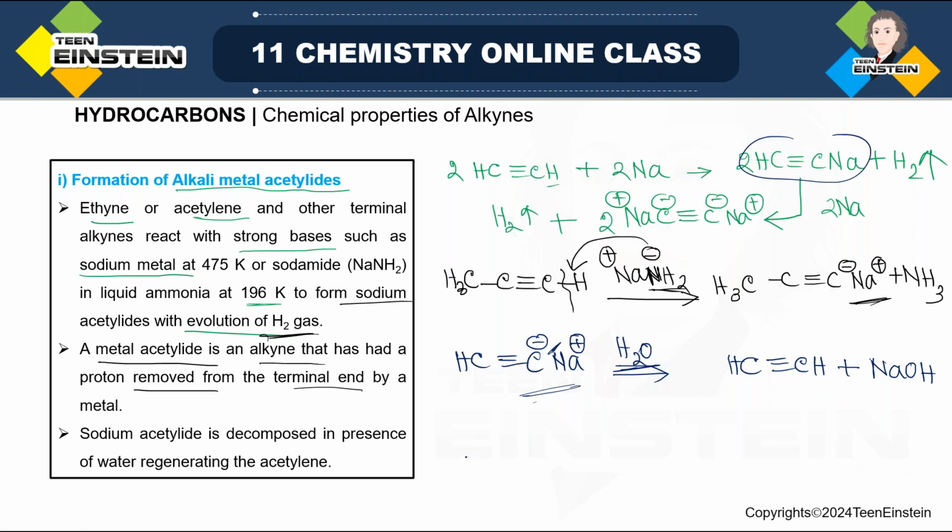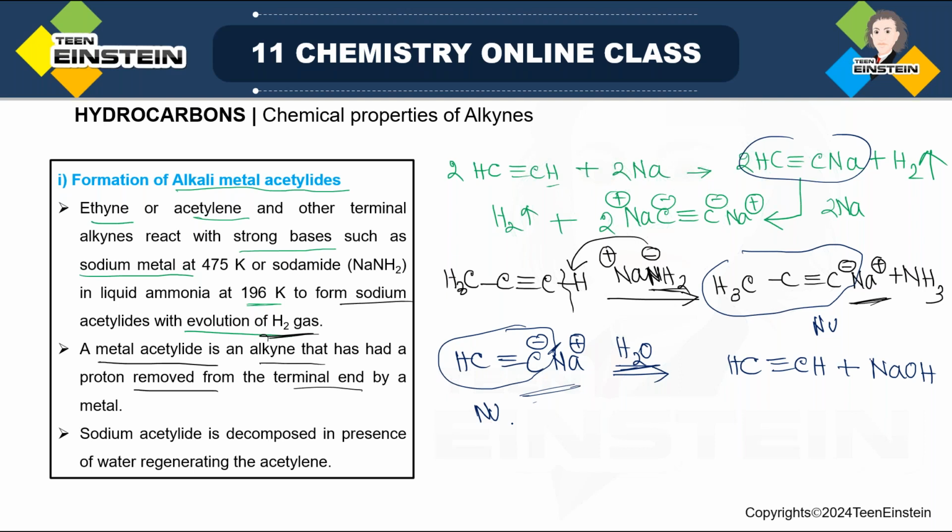C negative charge. Now, what is the utility of this type of reaction? Suppose you want to attach this part to some other molecule, then this can act as a very good nucleophile, isn't it? So that is the utility of generation of this type of acetylide ion.